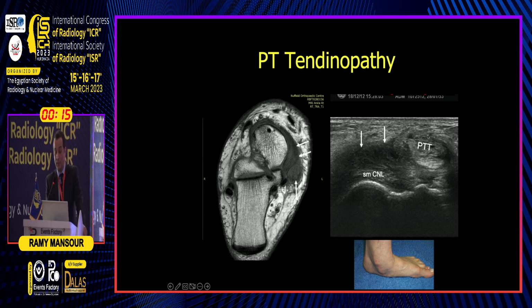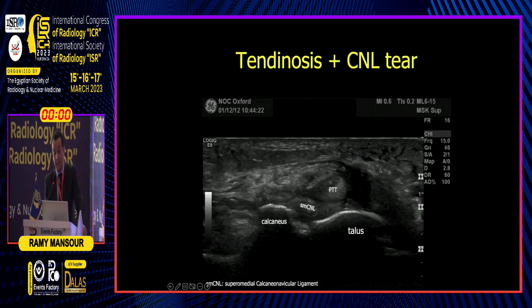You see posterior tibial tendinopathy, and you can see that the superomedial calcaneonavicular ligament is also affected. If it continues chronically, it can lead to complete tear of the ligament.